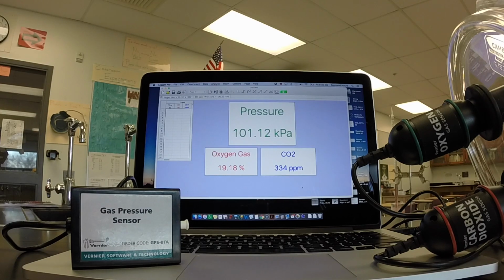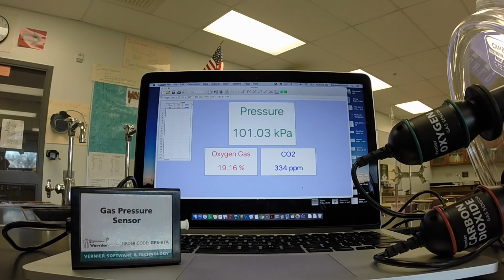Now, looking at the screen here, you'll notice some information about pressure, also information about oxygen gas and CO2, carbon dioxide. Using this data, we're going to determine the partial pressure of both oxygen and carbon dioxide in this classroom.